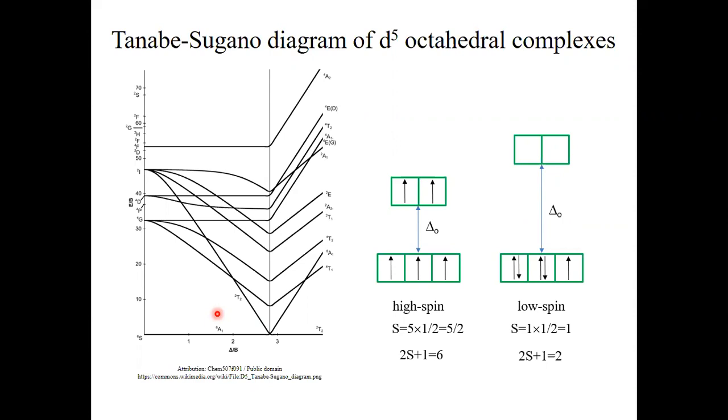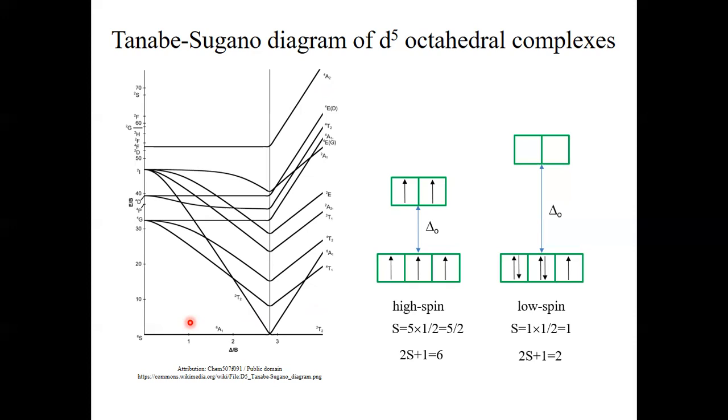Zero, correct. Because there's no other sextet state. So all the other states here that you can see are not sextet states.